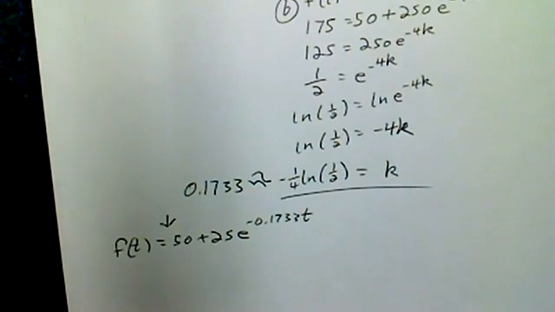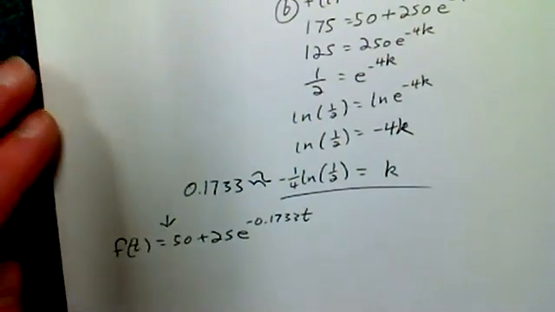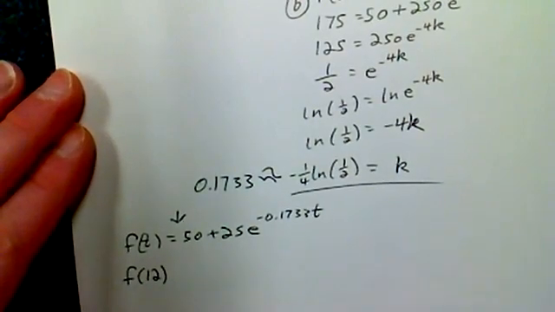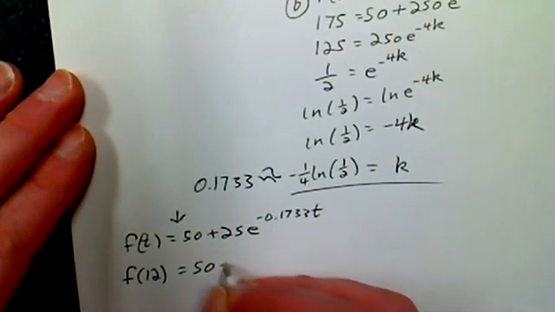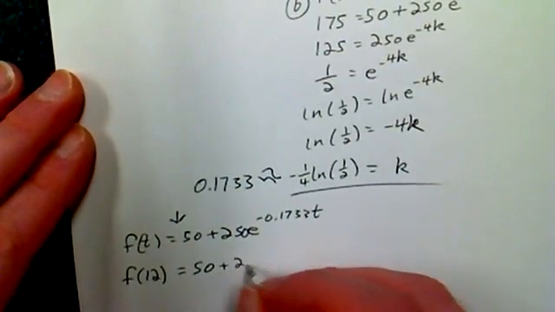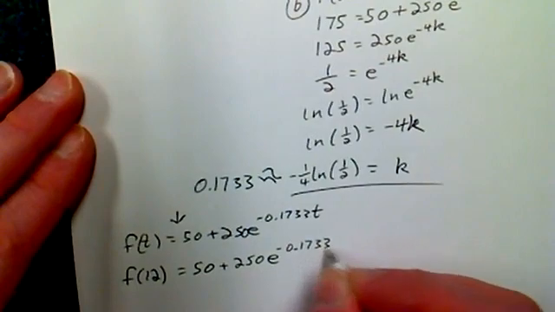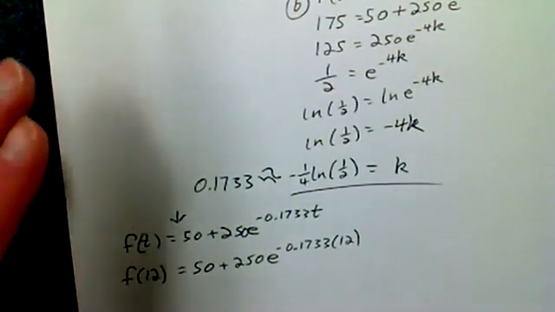We want to know after 12 minutes, what's the temperature of this metal? That means we need to know what F of 12 is. That's 50 plus 250 e to the negative 0.1733 times 12.